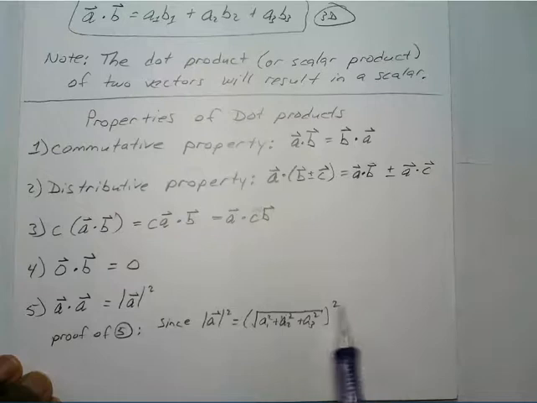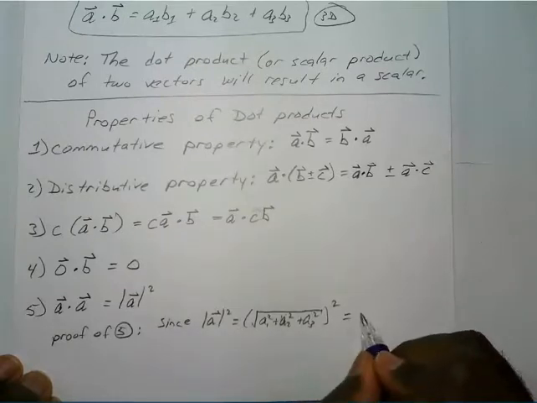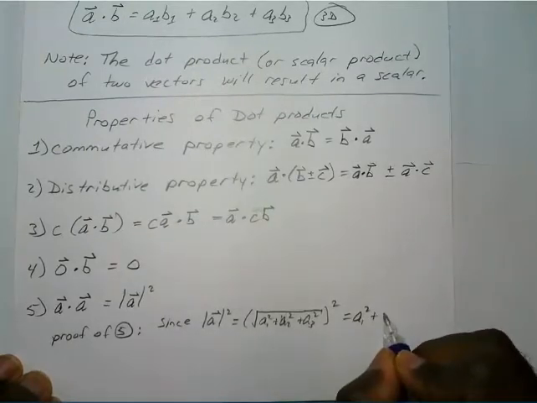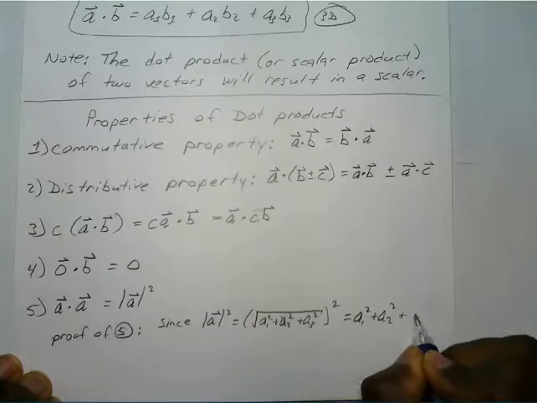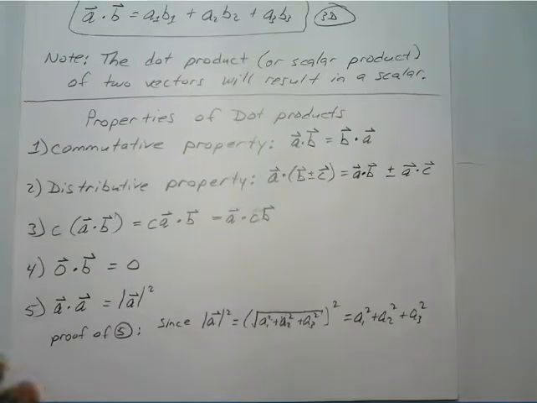Now the square and the square root will cancel each other out, which just leaves the first component squared plus the second component squared plus the third component squared.